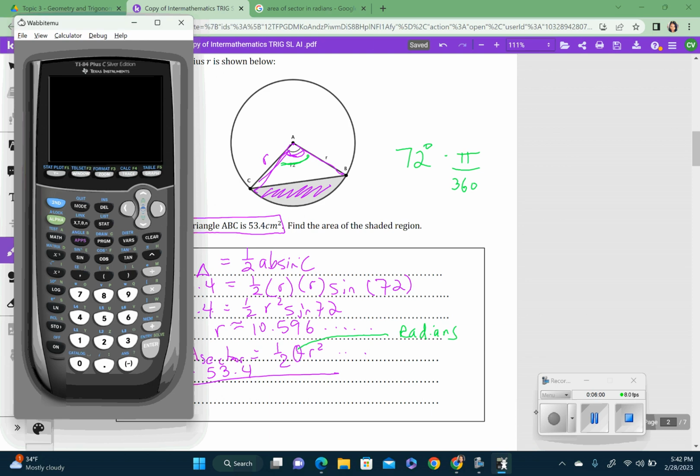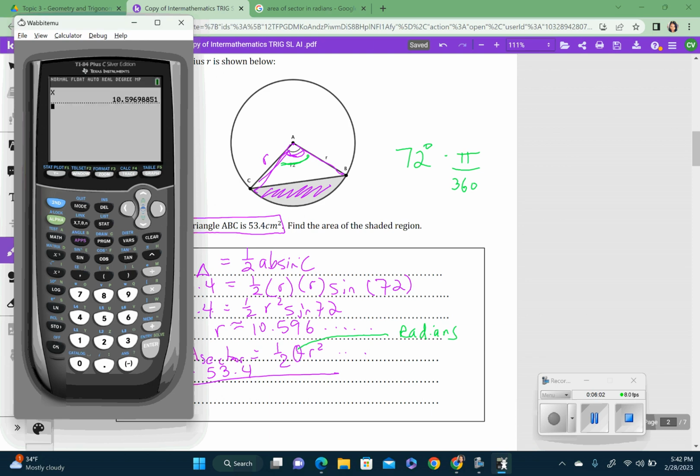So let me just go ahead and take our calculator and do that real quick. So 72 times pi, so I'm going to rewrite this as alpha y equals, right? Put a fraction in, so there's going to be pi on the top, and then divided by 360 degrees. So now this is going to give me a decimal value, but that's going to be what pi is equal to. So let's just say you're like, this looks messy.